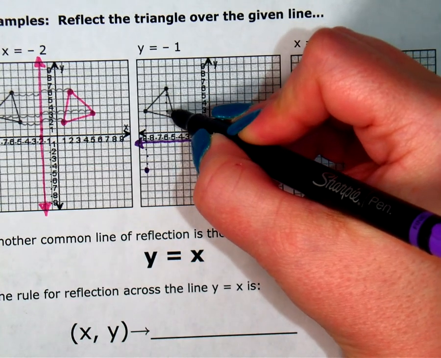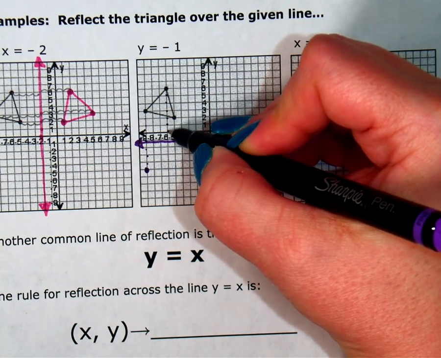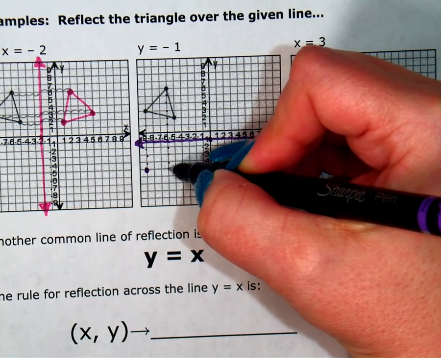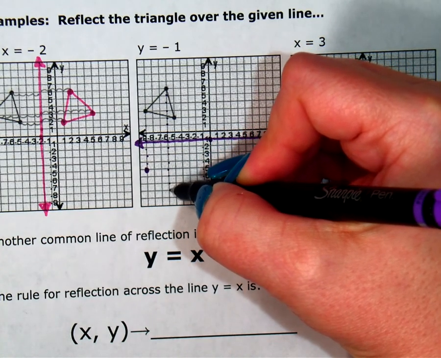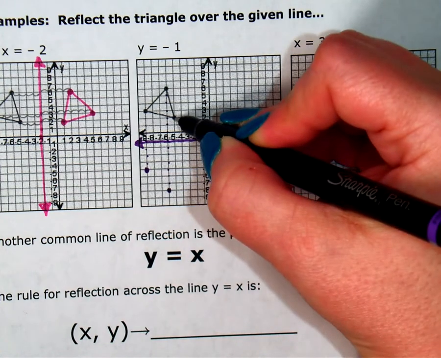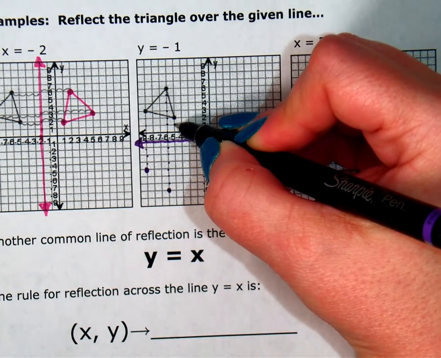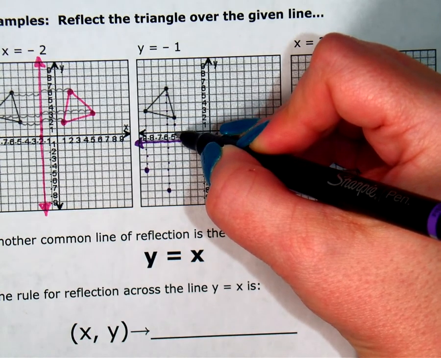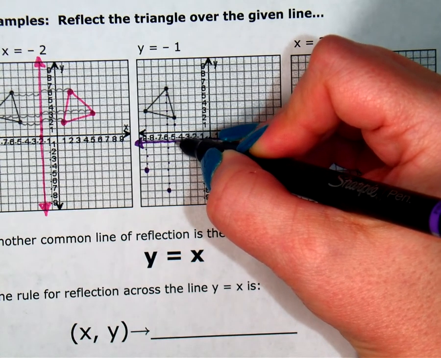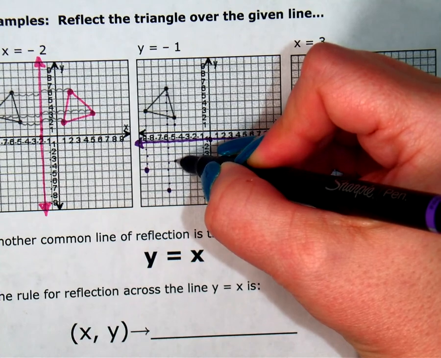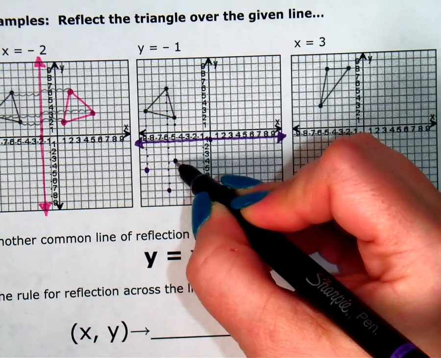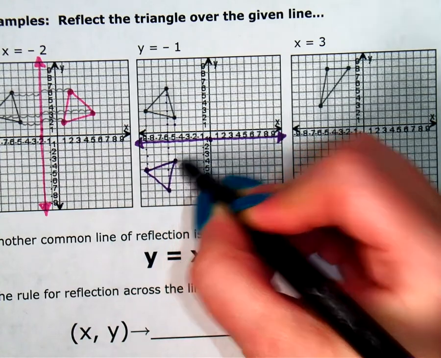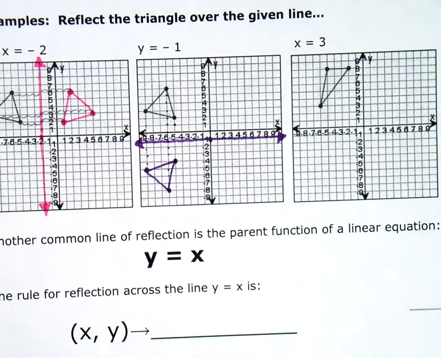Up here, 1, 2, 3, 4, 5, 6, 7, and 1, 2, 3, 4, 5, 6, 7. Here, notice I don't say 1 till I actually move, 1, 2, 3 and 1, 2, 3. So here is my reflected image across this horizontal line.